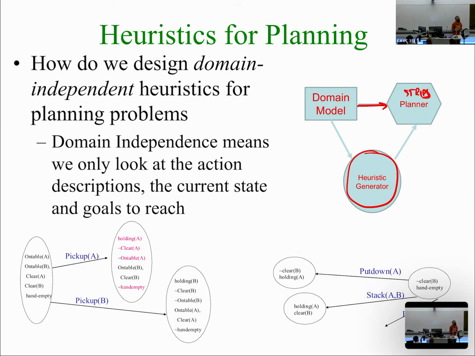Right. Okay. So it's true that heuristics will change, but I want you to understand what the heuristics actually do. Again, coming back to this picture, the thing I want you to remember is we are thinking of a known domain model, assumed to be complete, on which the planner is working.